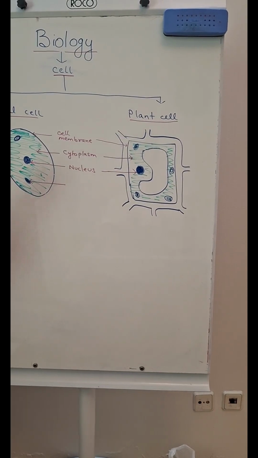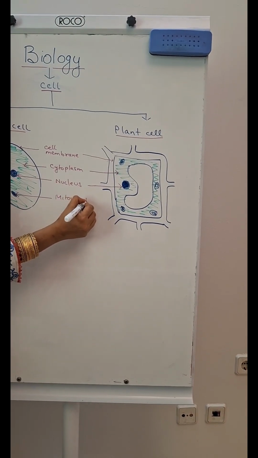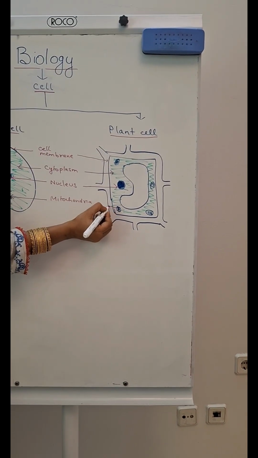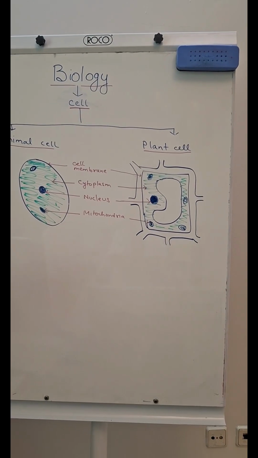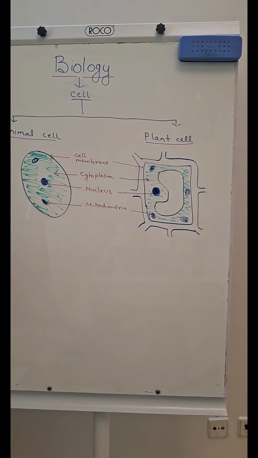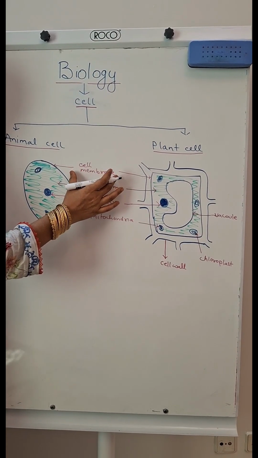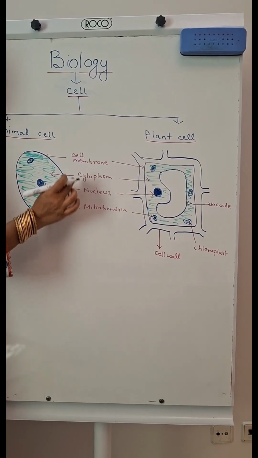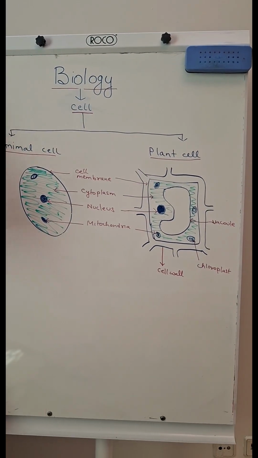This is called mitochondria, which is present in both plant and animal cells. So these are the four different cell structures present in both plant and animal cells: the cell membrane, cytoplasm, nucleus and mitochondria.